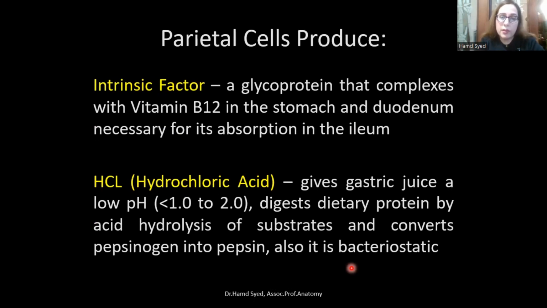Hydrochloric acid gives gastric juice its acidic pH, that is a low pH, about less than 1 to 2. And this is then also responsible for digestion of dietary protein by acid hydrolysis of the substrates. And it also converts pepsinogen into pepsin. Plus, it is also bacteriostatic. So bacteria would die, or their growth would be inhibited, in the acidic environment of the stomach.